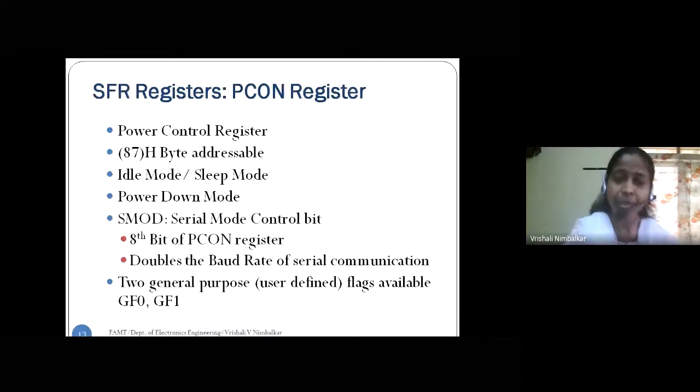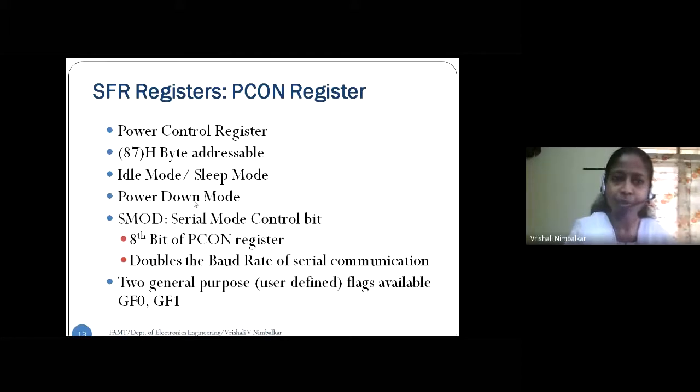So this is the biggest feature of a microcontroller. We can keep the microcontroller in either idle or sleep mode, or we can keep it in power down mode, right? But to come out of power down mode, we need to reset the microcontroller, correct? And to come out from the idle or sleep mode, we need not do anything. Just change the PCON bit and we are out of the idle or sleep mode.